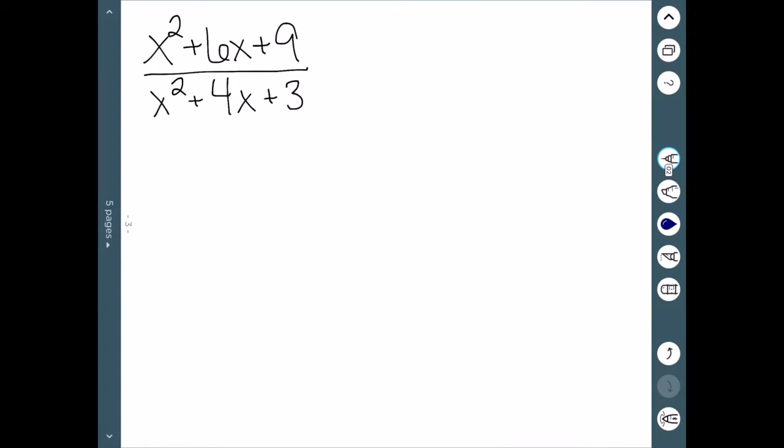So let's look at some examples. When we're simplifying these, the first step is to factor. We cannot cancel over an addition or a subtraction, but we can cancel over a multiplication. On the top, we need two numbers that multiply to be 9 and add to be 6. We get this with 3 and 3. 3 times 3 is 9, and 3 plus 3 is 6.